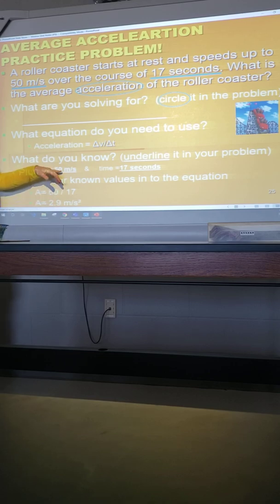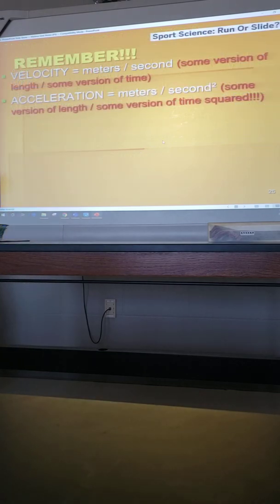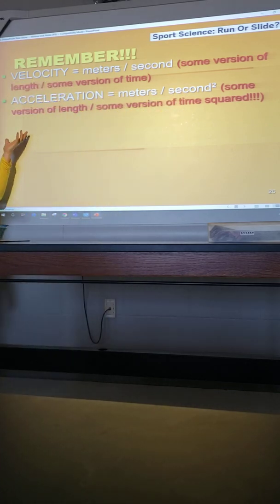If you think about it, you have your velocity over your time, so your time has to be represented basically twice with that squared value. Velocity is the meter per second, or some version of length divided by some version of time. That's what we already know. Now we're dividing that by time to get our meter per second squared, or some version of length divided by some version of time squared.